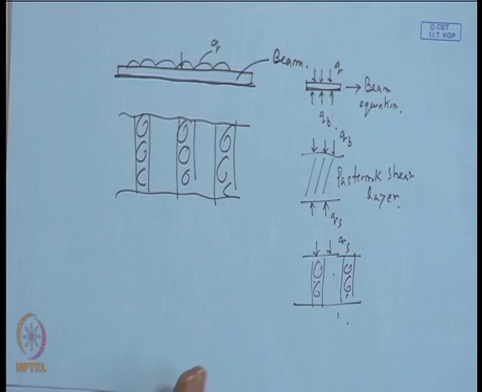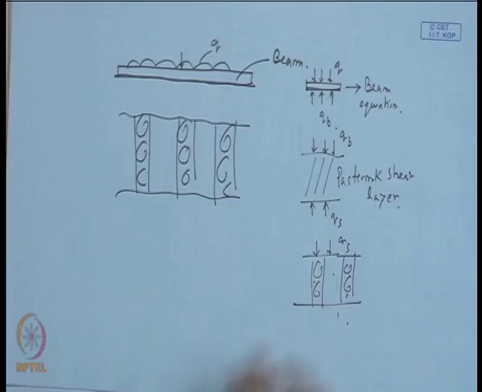So, we can determine the response of the beam if it is resting on stone column improved soft soil, because the study shows that if we increase the stiffness of the stone column, then the bending moment and shear force will increase and settlement will decrease. So, we have to choose a proper stiffness so that this can be balanced. Those things we can solve by using this technique.